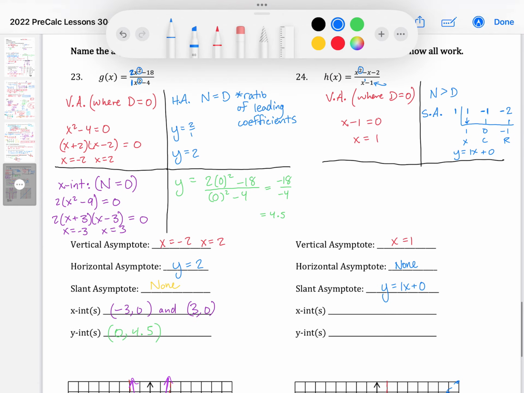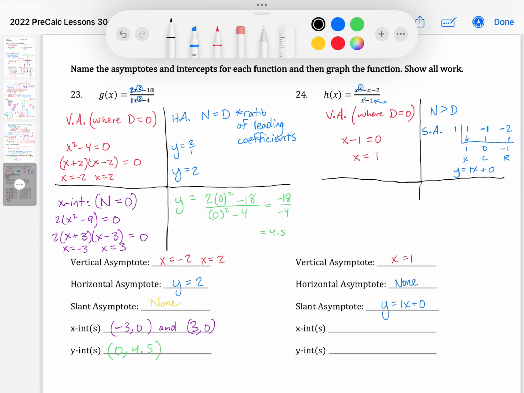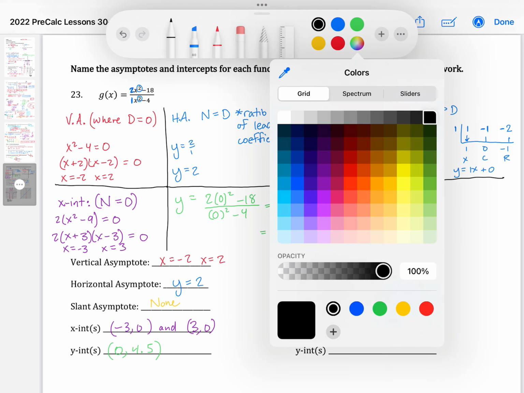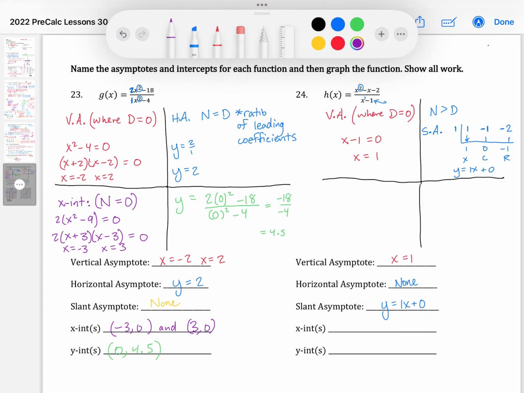Okay, so we have an idea of where this graph is going to live. If we find our x-intercepts, then we'll know where to finish. All right, so my x-intercepts, remember you set the numerator equal to 0. And that can be factored. So if you factor x squared minus x minus 2 equals 0, that's just x plus 1 and x minus 2 equals 0.